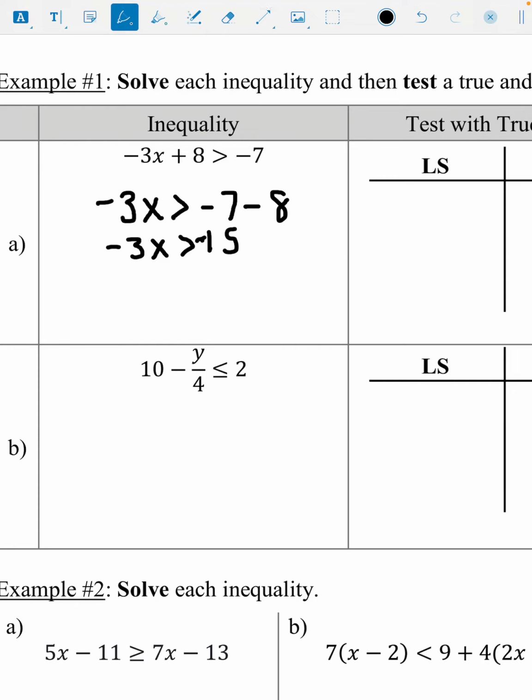And then you can divide both sides by negative 3. Which means that x, and don't forget, because you're dividing by a negative number, you have to switch the inequality operator. So that means that x is less than 5.